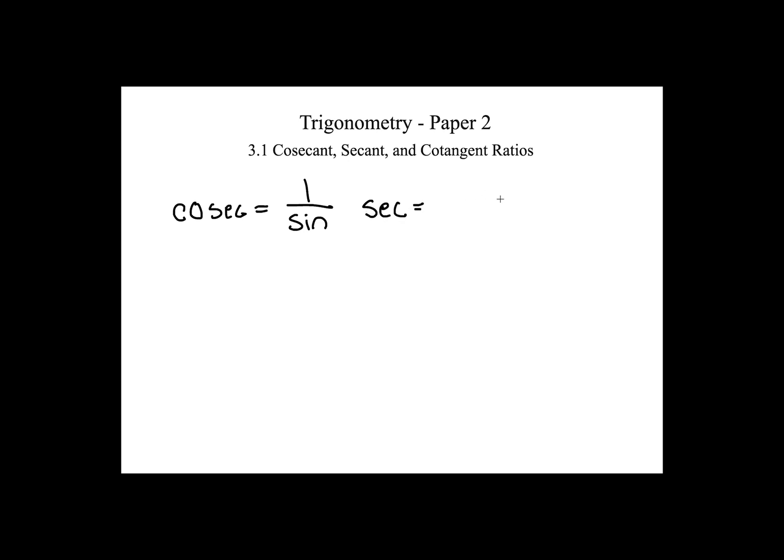Secant is 1 over cosine. And cotangent is 1 over tangent.